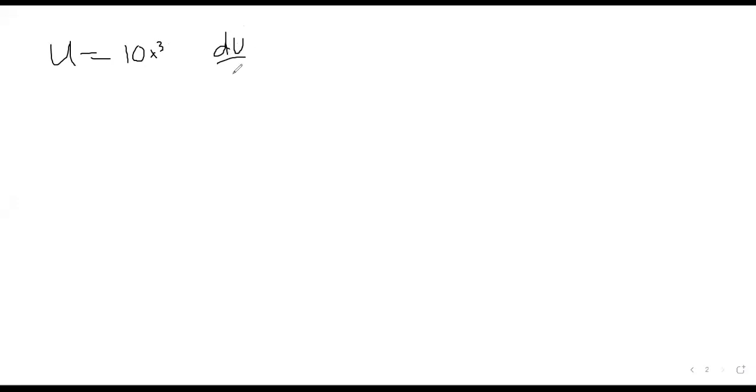The x. Okay. So let's differentiate what we have, du over dx. We're going to multiply the number. So we're going to have what? 3 times 10, which is 30. So we're going to have 30x what? x^2. That's how we differentiate.